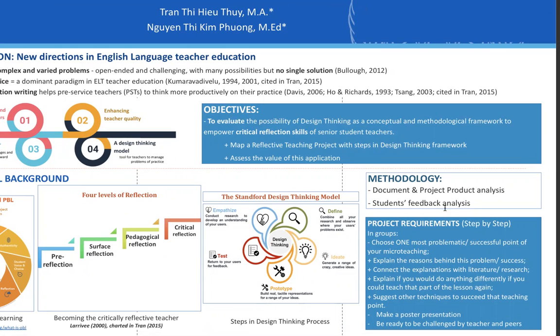We also conduct analysis with students' feedback, students' reflection, and group reports. The number of students who participate in this course is 16, and they are all senior student teachers. That means they are already in their 4th year at the university.